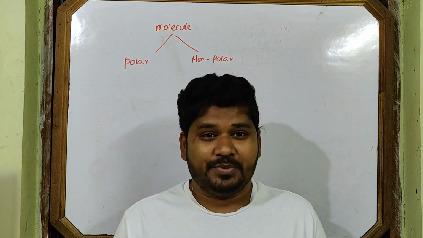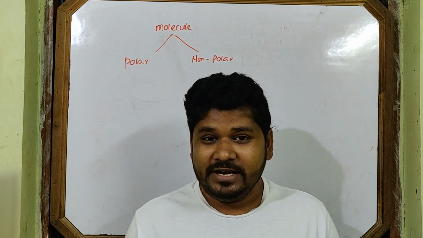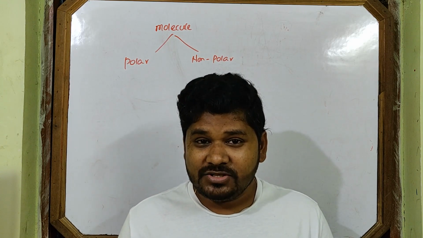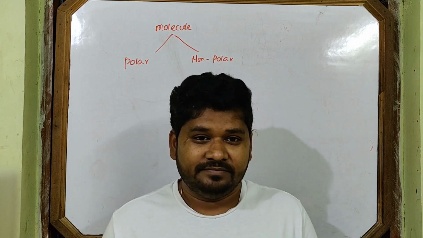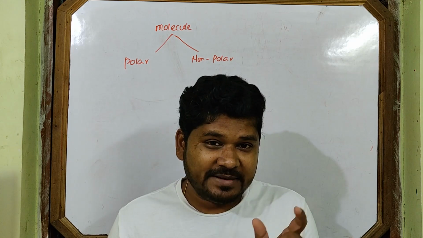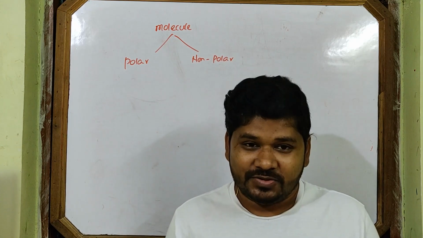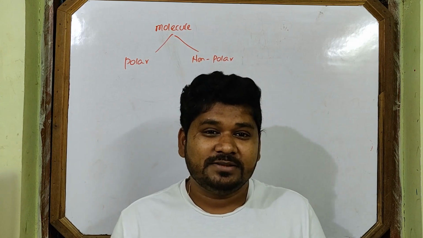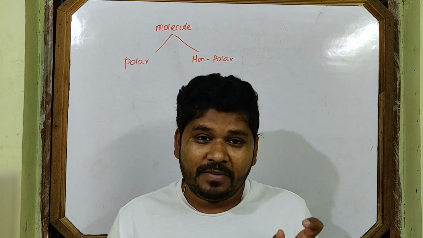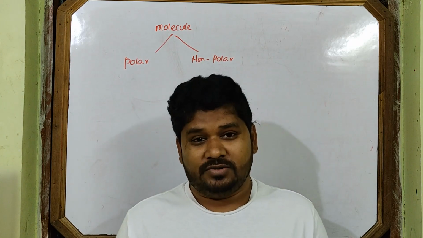In practical life, a dipole is a molecule where the positive and negative centers are separated by a finite distance. That is called a polar molecule. The molecule having permanent dipole moment is called a polar molecule.